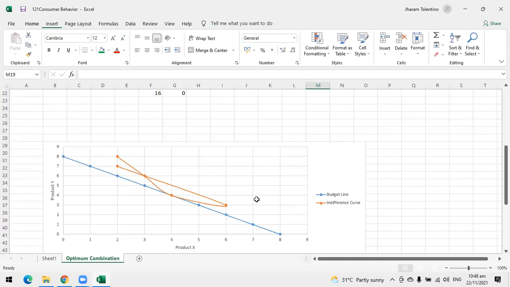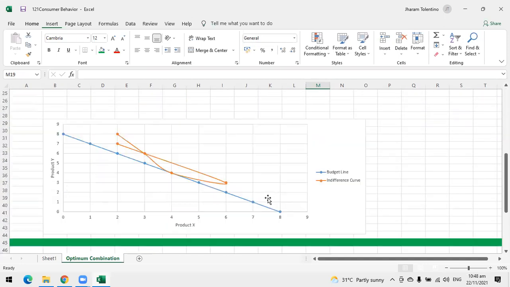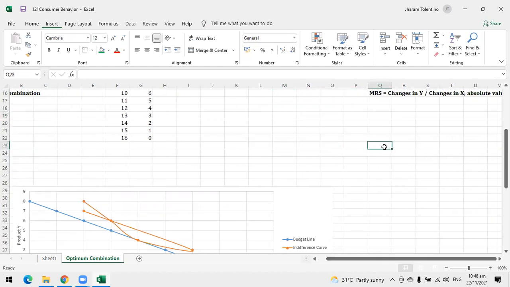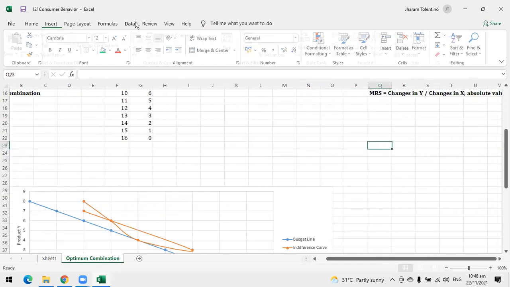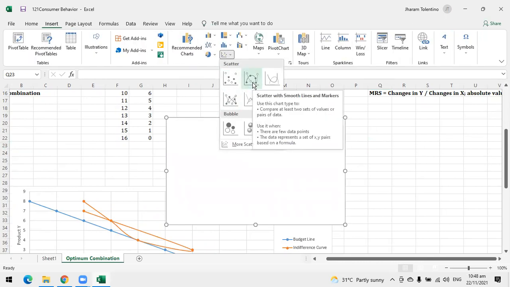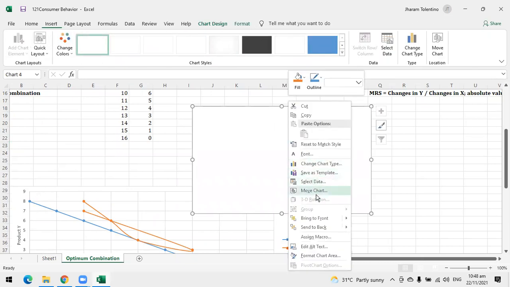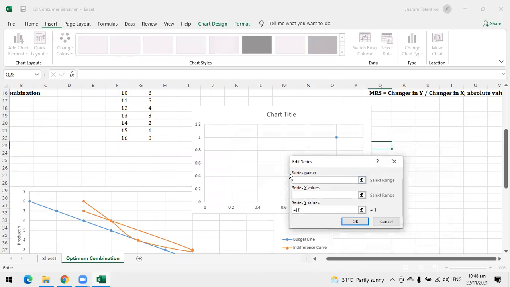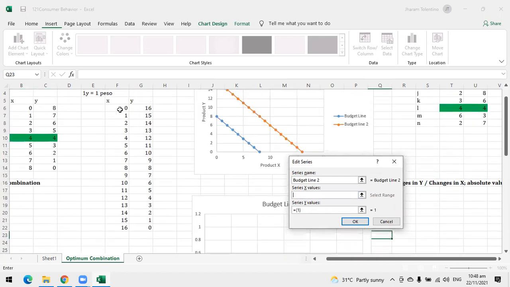Okay. So, anong mangyayari ngayon dito? If we're going to combine it with the indifference curve, yung budget line 2, we go for the insert. Go for the graph. Tingnan natin kung papasok siya. Budget line 2. Ico-combine natin siya dun sa indifference curve yung nagawa natin kanina.